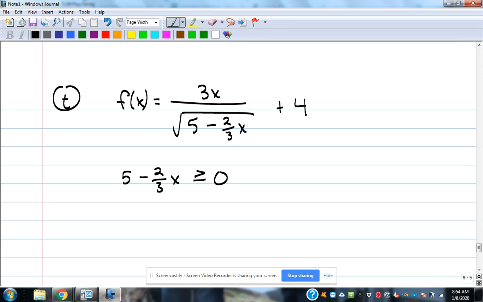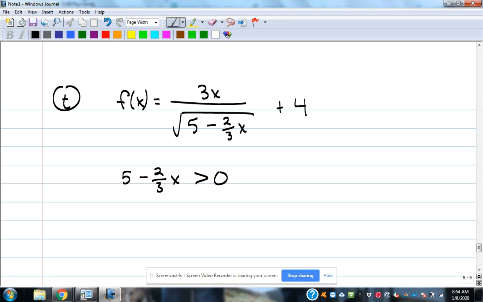So what does it have to be? Greater than 0. So just a greater than symbol there. Because we lose the equal to because it's in the denominator of a fraction. Does that make sense? Remember, the denominator of a fraction, you can't have it being equal to 0. So we lose the equal to mark because that square root was in the denominator. So that's kind of the weird thing about this.